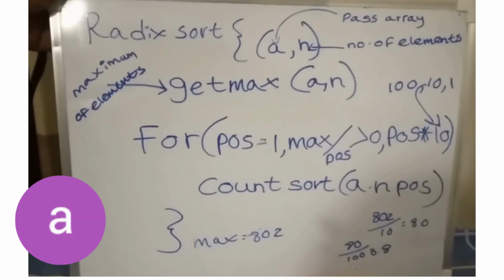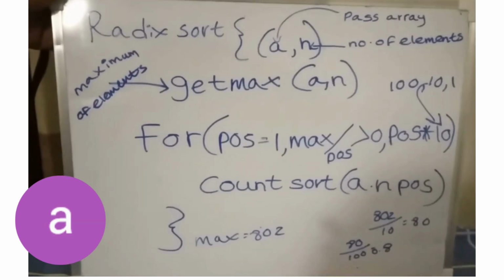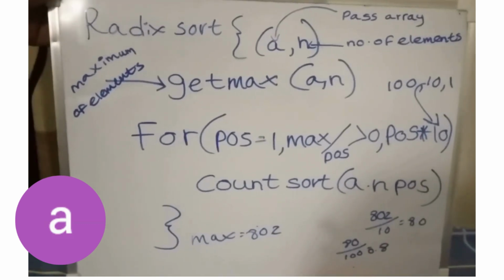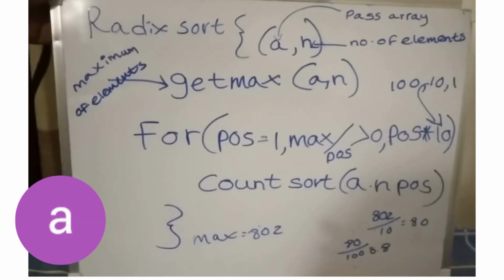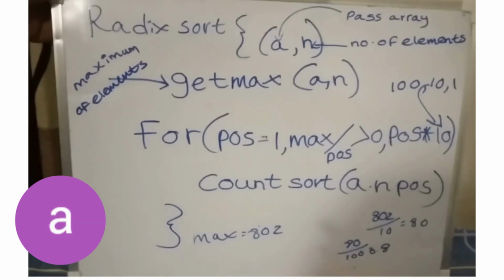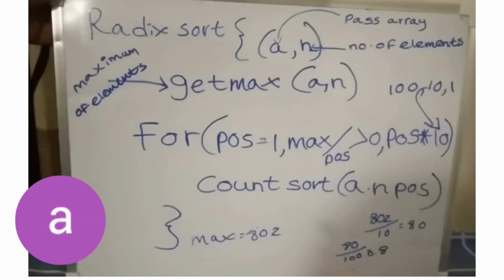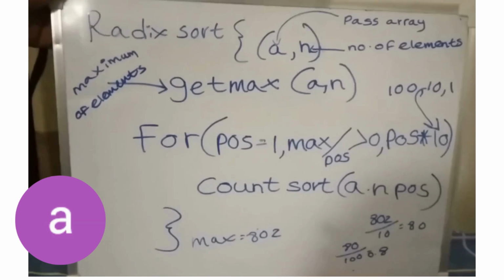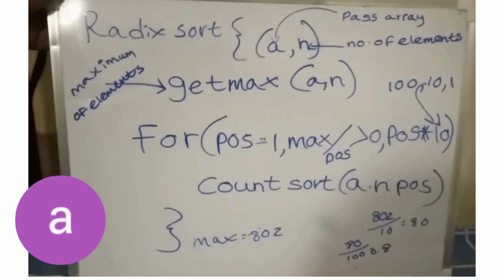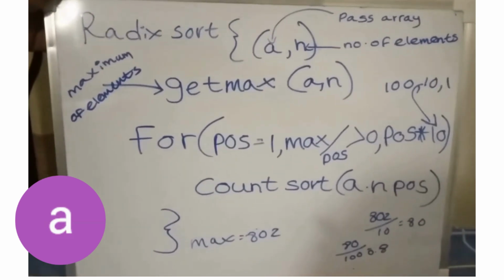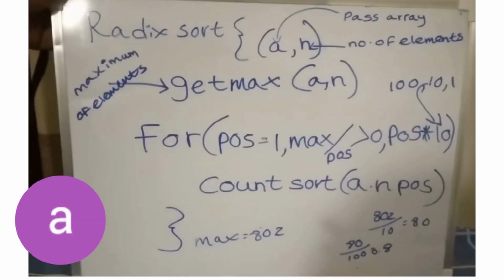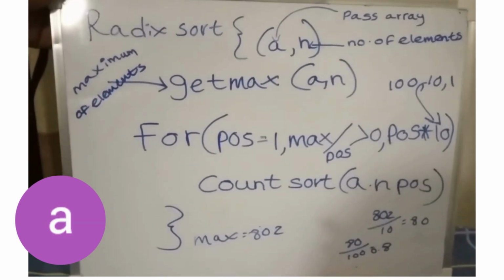Then we have to multiply the variable by 10. So tell me, why are you multiplying it by 10? Because we are making the sort for the 10th place.